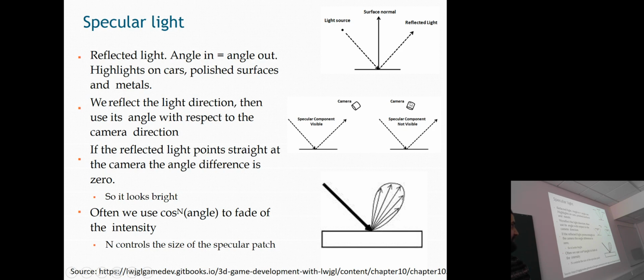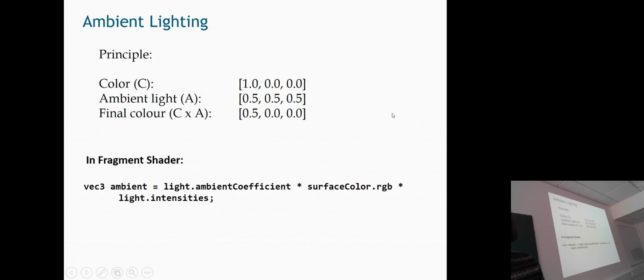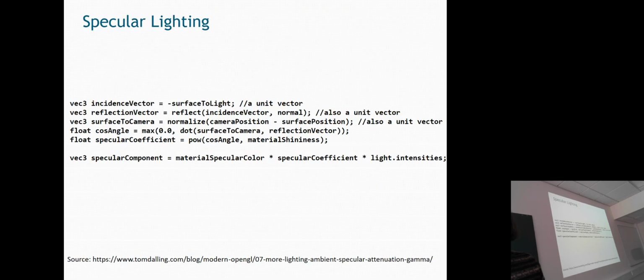But if the camera doesn't coincide with the specular component, we don't see this point as a gloss or specular reflection. So it's important to consider the angle between the observer or the camera and the reflection.